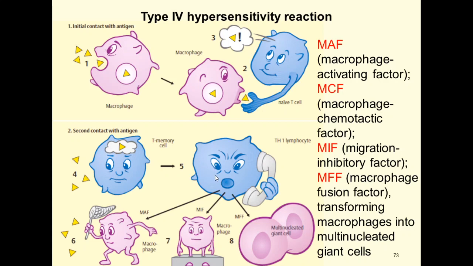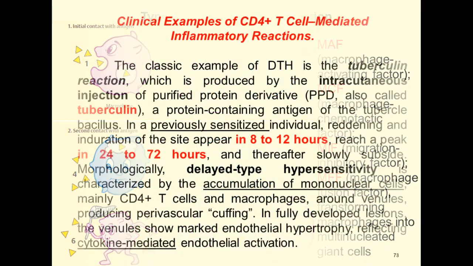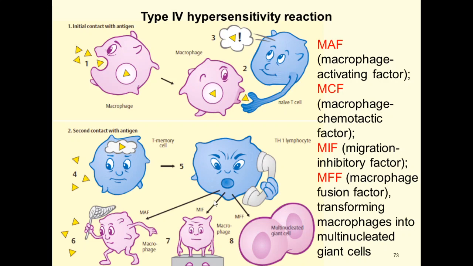And then it calls to the macrophage and tries to make an inflammation. So right now we discuss the term granuloma formation with the multinucleated giant cell through one slide.